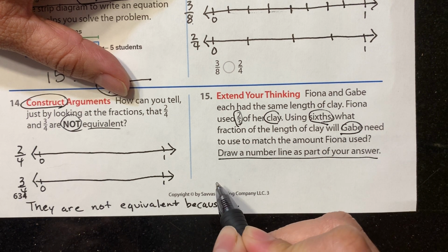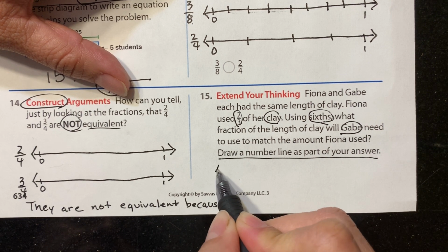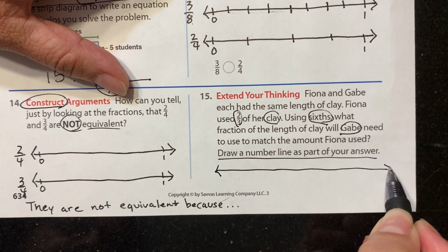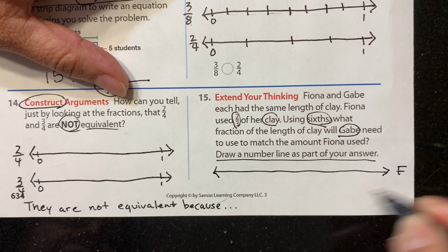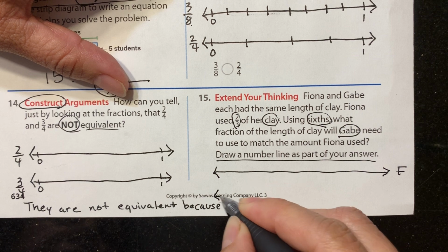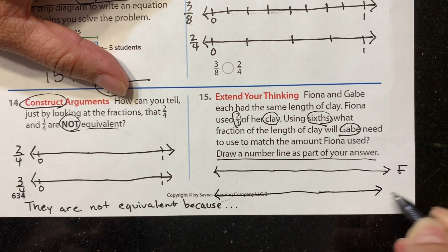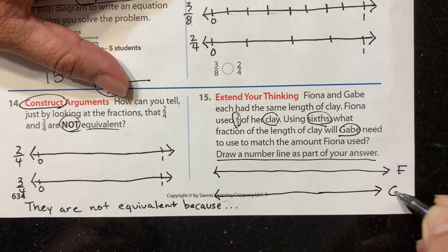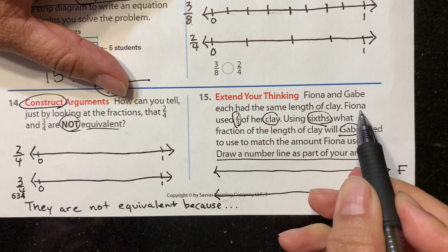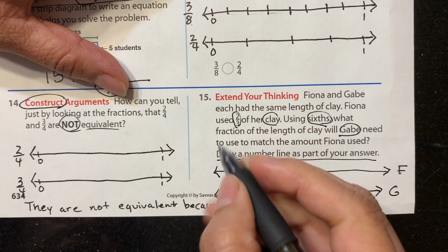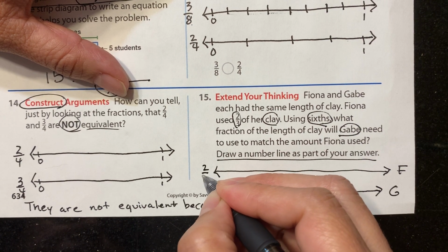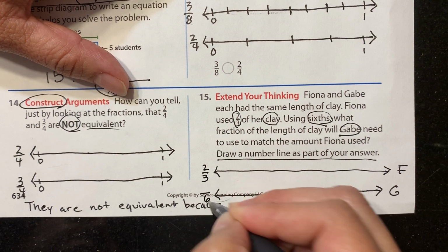Okay, so make sure you draw a number line that represents Fiona. I'm going to call this one Fiona, and we'll use here this bottom part for Gabe. And remember, Fiona is using 2/3. And Gabe is using 6ths.